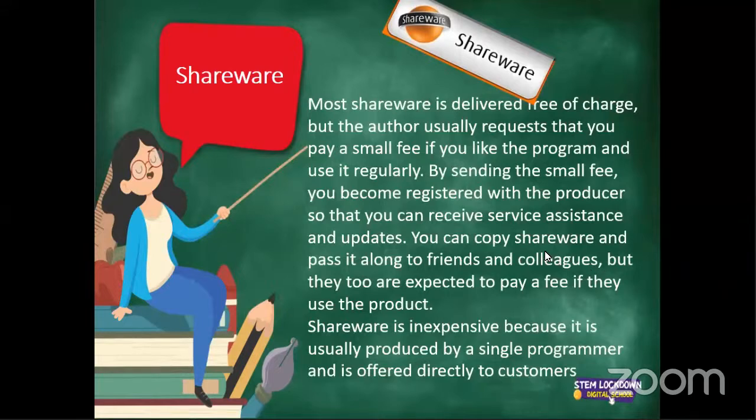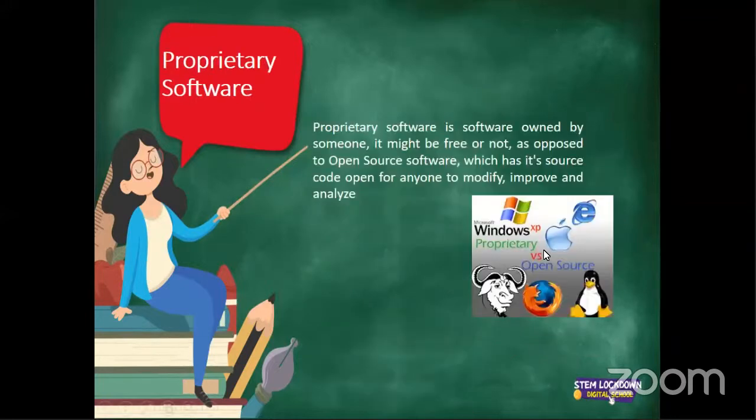Okay, so let me just continue with the others. Proprietary software is software owned by someone. It might be free or not, as opposed to open source software, which has its source code open for anyone to modify, improve and analyze.